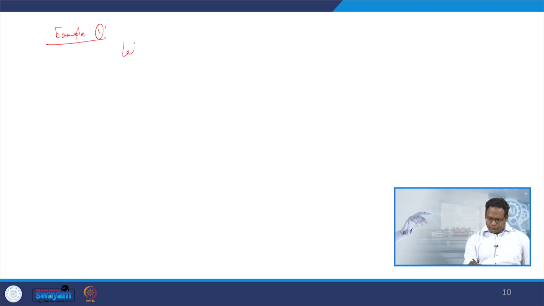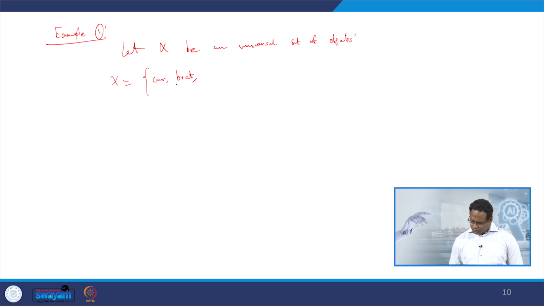Let X be a universal set of well known objects given by X equal to car, boat, church, bike, tree and plateau.